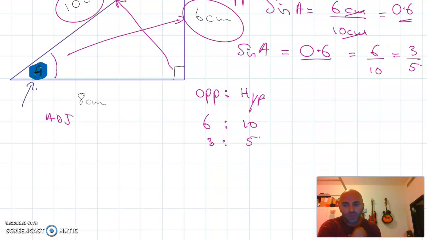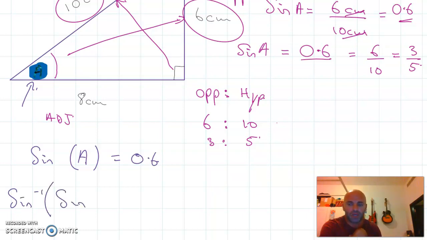So if I wanted to get the angle A, for example, I know that the sine of the angle A is equal to 0.6.